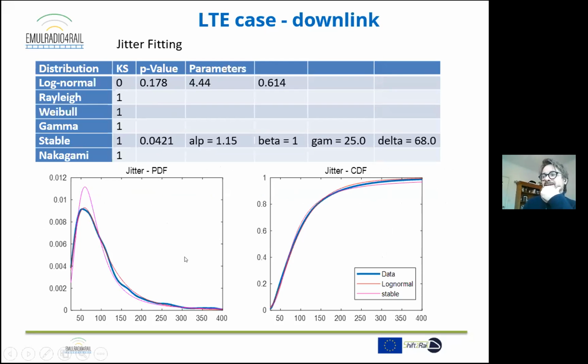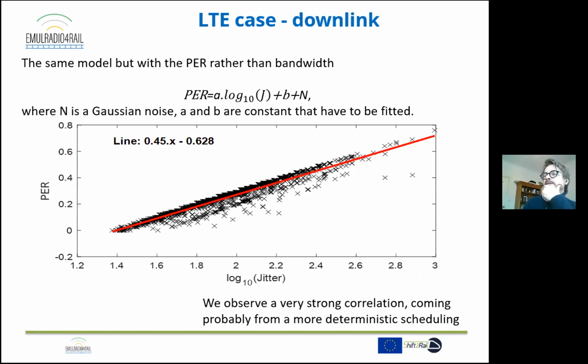So you can see that even if it looks like it fits, on this figure down right, it does not pass the test. I think this is due to some oscillations you see there in the distribution, which are a bit difficult to capture. But we can discuss that later.